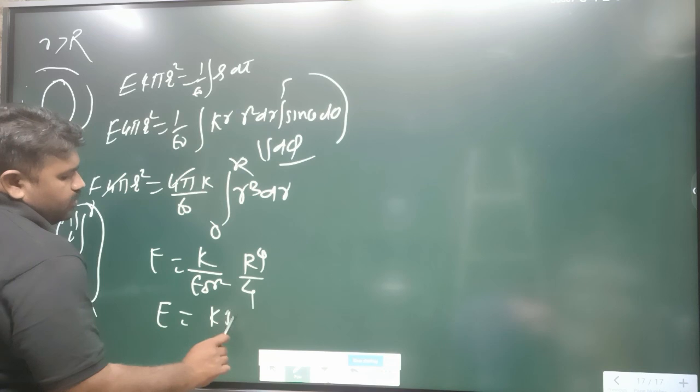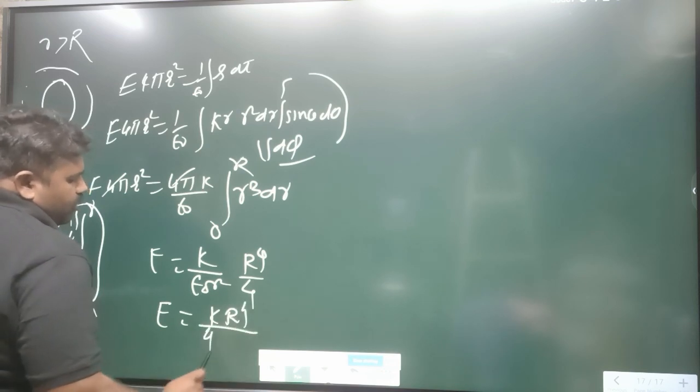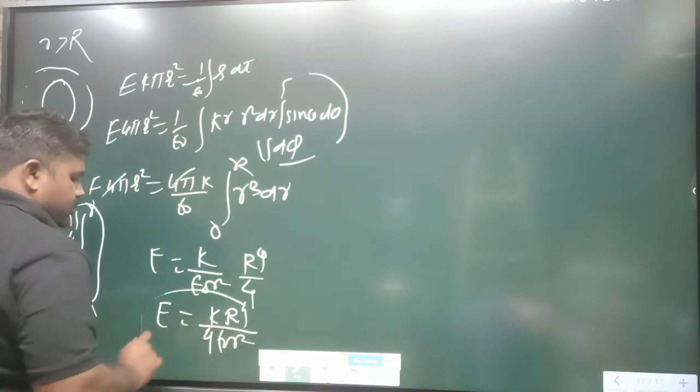That means k R to the power 4 upon 4 epsilon naught r square.